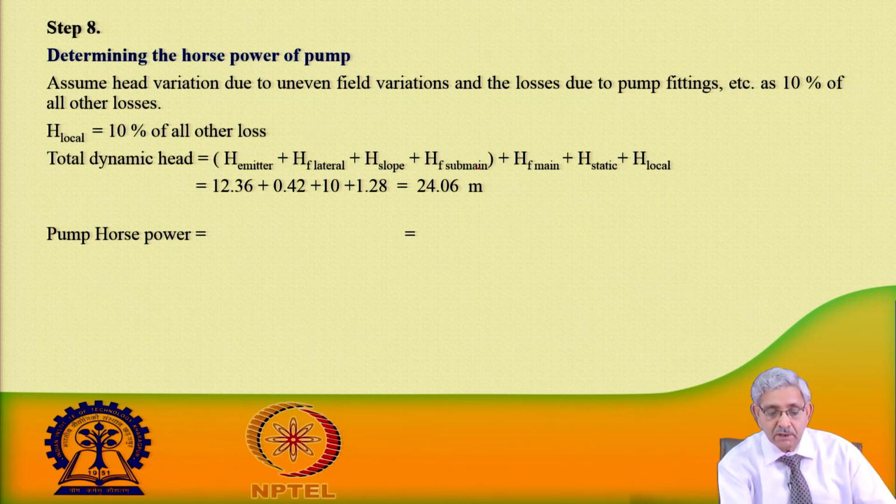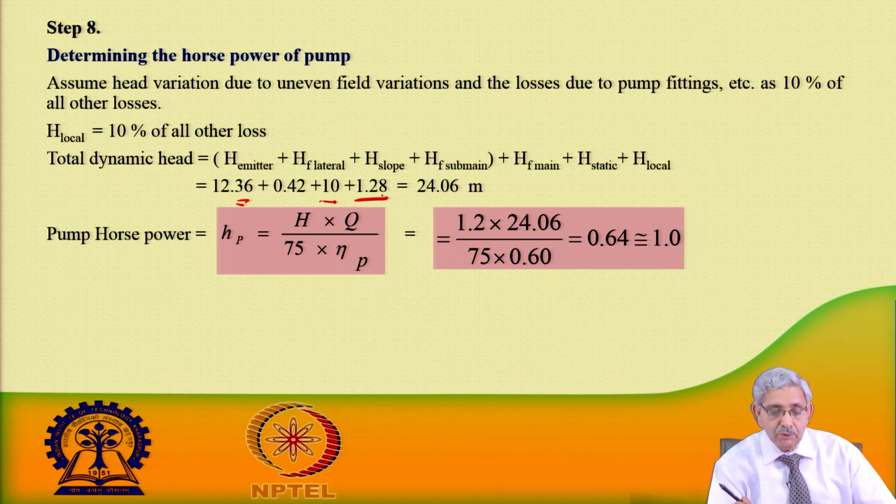All these things together are equal to 12.36 meter, and HF from the main is 0.42, then 10 meter is the head which is given, and 1.28 is for all the losses. So, we get 24.06.